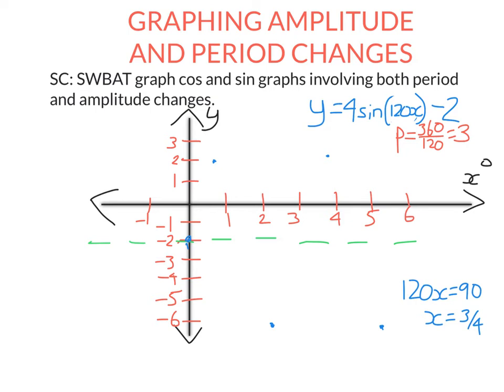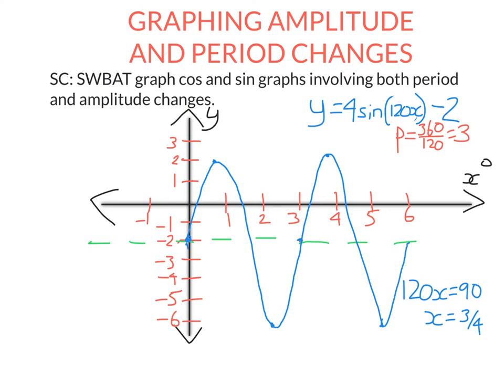But we know because the sine graph goes up and down, it's going to go up like this, then come down, reach its minimum, go up again, and then reach its minimum like that. And of course, because the cycle length is 3, every 3 units it's going to come back to its mean position. So it's going to turn around and come back to its mean position at 6.